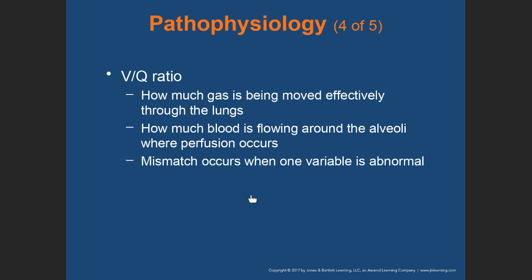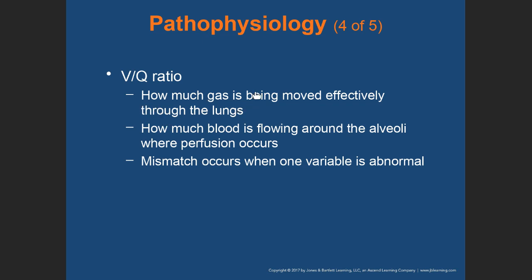If the blood reaches the pulmonary capillaries and there is no oxygen available, then the blood is going to be returned to the left side with no oxygen. So it has to be balanced. And if it's not balanced, then we get a ventilation perfusion mismatch.